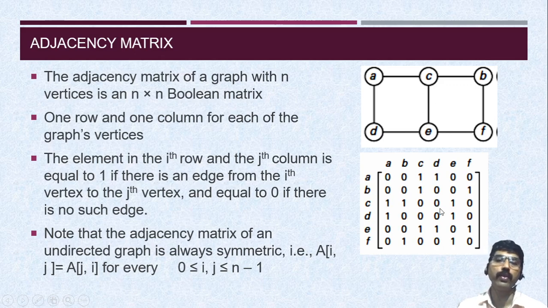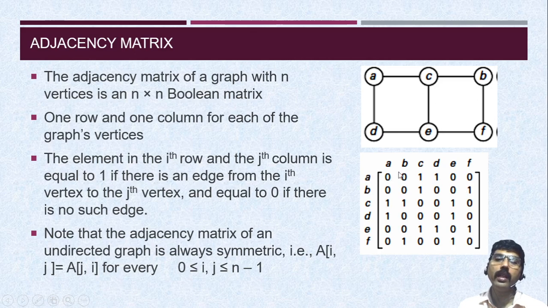I will explain first. If we have n number of vertices, we can create a matrix of n into n. For example, if you have n number of vertices, we are creating an n into n matrix.